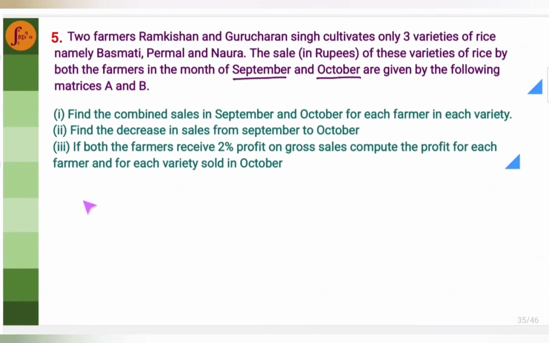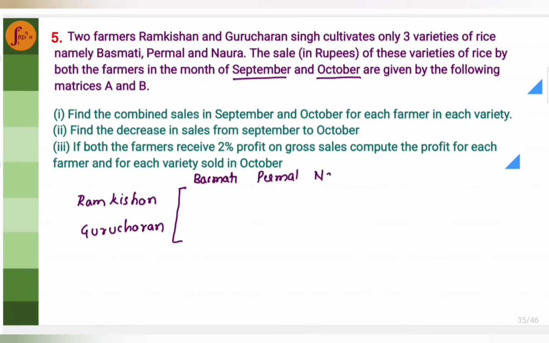So we can put Ram Kishan and Gurucharan as rows, right? Row 1 and row 2. Now, in the columns, we have 3 varieties of rice. So we'll put it as Basmati, Parmal and Naura. So these are the 3 varieties of rice. So 3 columns, and the 2 farmers as rows.